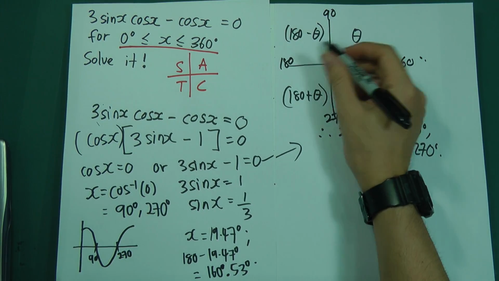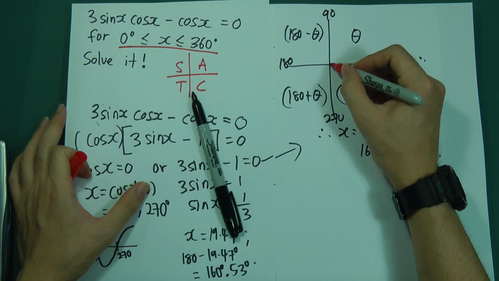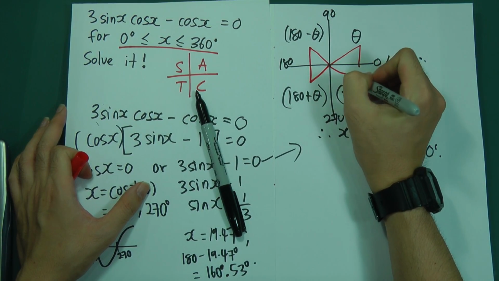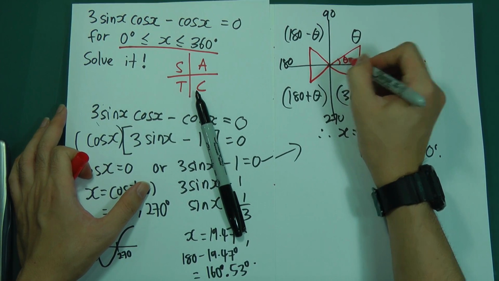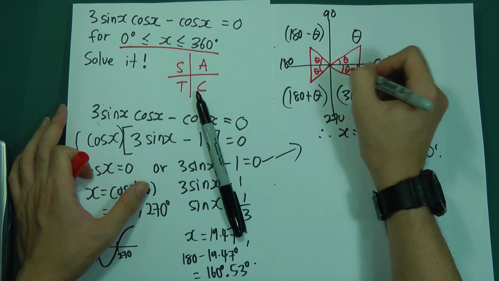Okay, this is for angle. And if you want to draw a triangle, you must draw the triangle in these shapes, in the first quadrant, second quadrant, third quadrant, and the last quadrant.